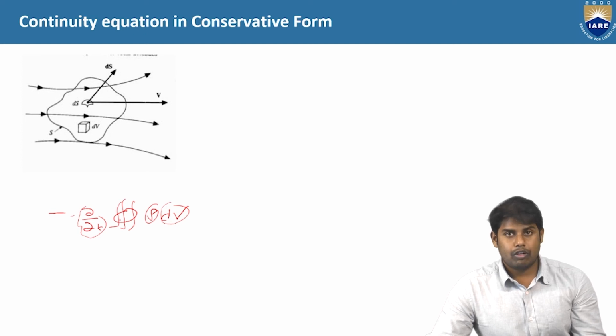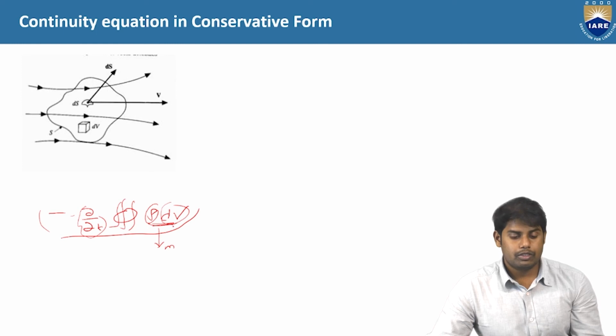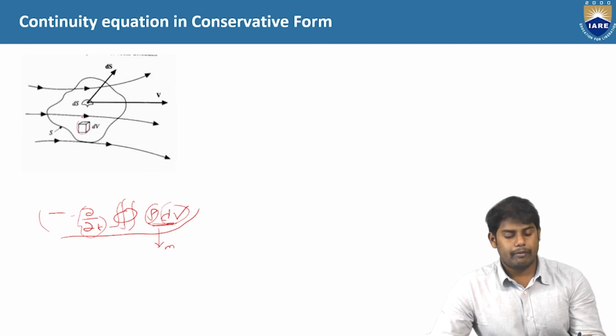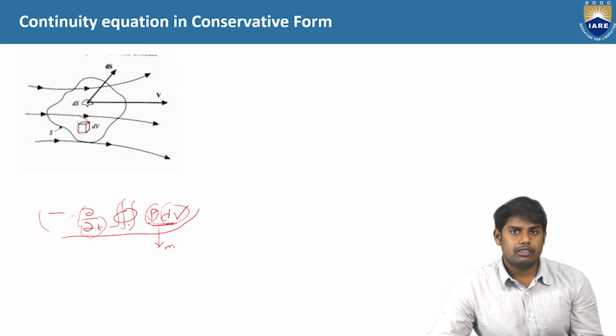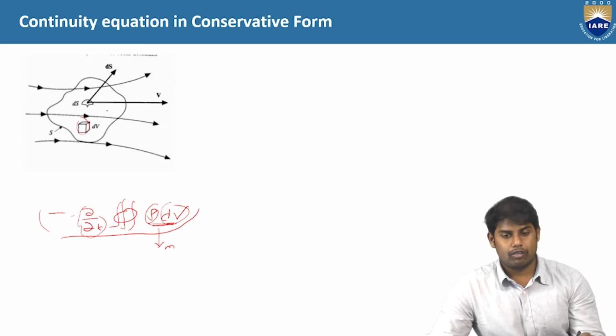The integration is for the entire control volume. So the meaning of this term is the rate of mass decrement inside the control volume. Taking only these two terms is for one elemental volume inside the control volume. If you integrate like a triple integral in x, y, z, then you apply it for the entire control volume.